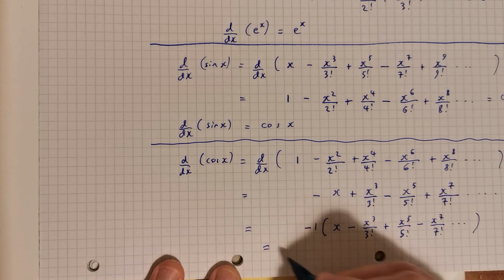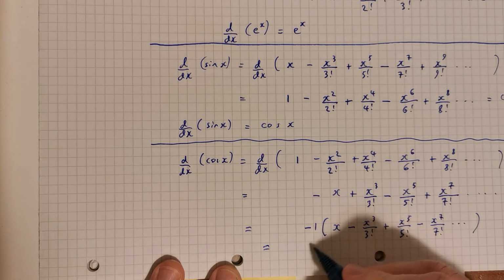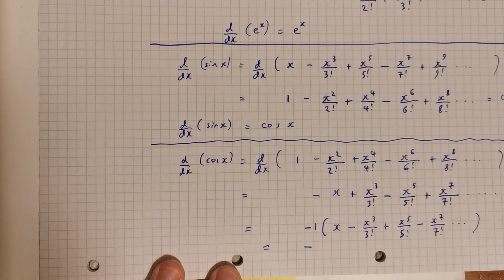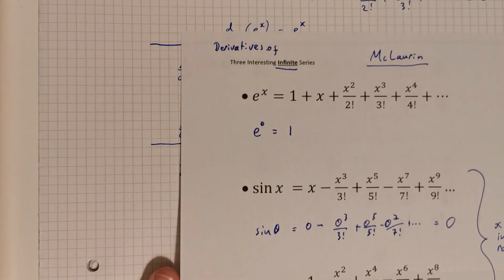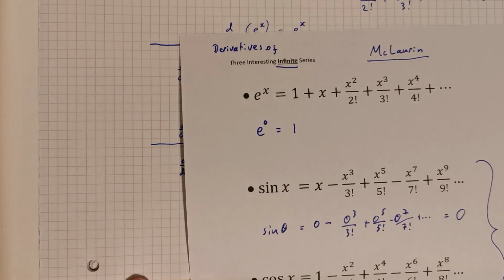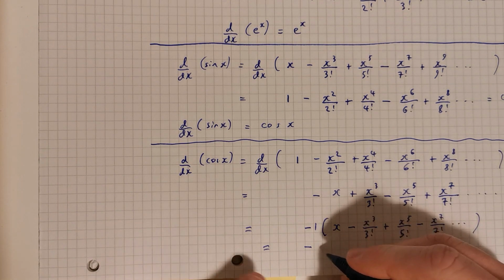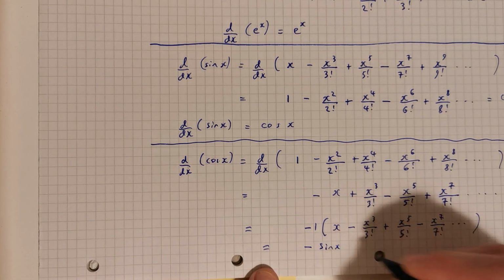And what I'm hoping you're seeing at this stage is that that's -1 multiplied by this series. And this series was precisely what sine of x is. So the derivative of cosine of x is -sine of x.